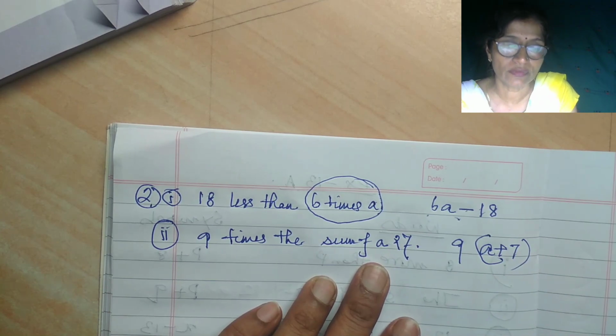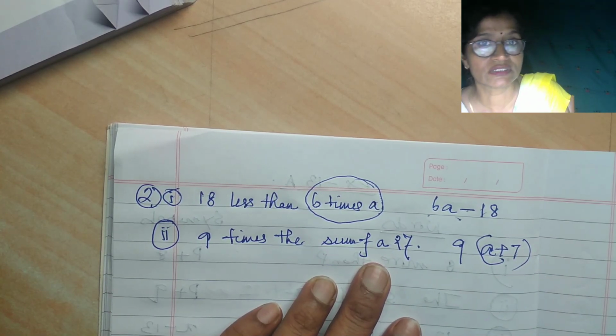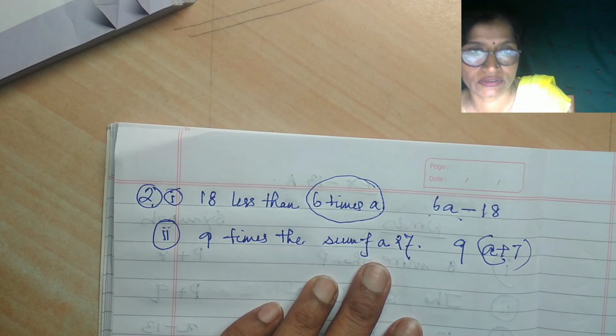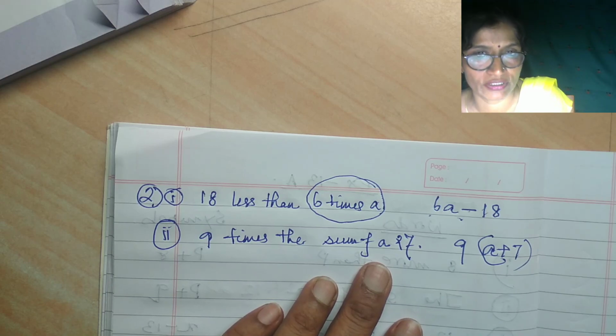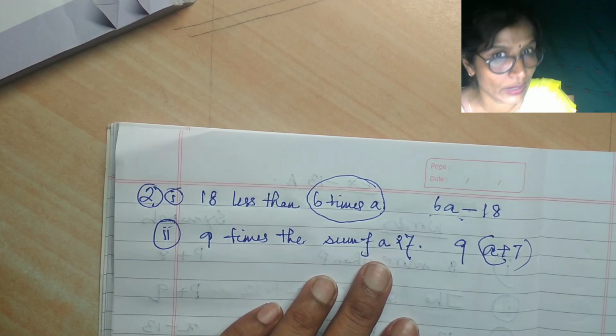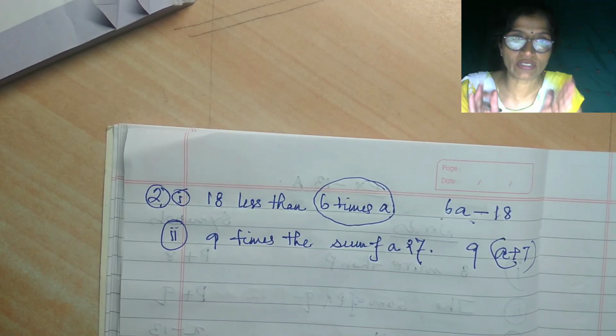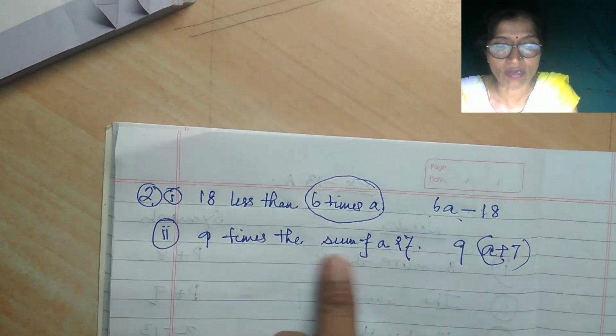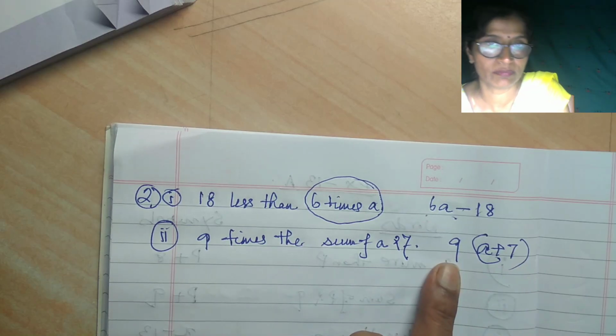Suppose I say to you 9 times the sum of your age and your brother's age. Your age is suppose 15 years, and your brother's age is suppose 5 years. So 15 plus 5 is 20, and 9 times of that, so 20 into 9. So first I have to add whatever sum is given, then multiply by 9.